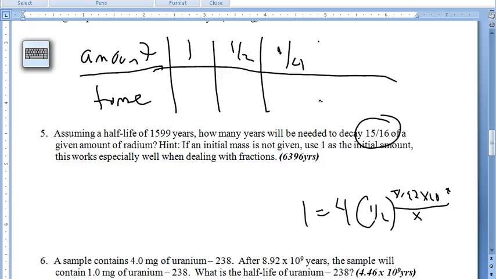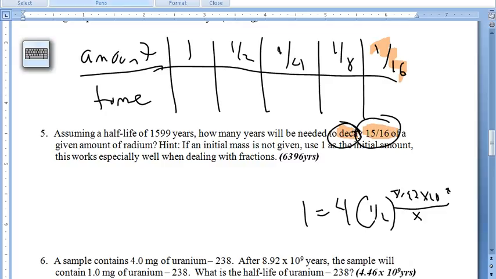Half of a half is a quarter, half of a quarter is an eighth, half of an eighth is a 16th. And so how long will it take for 15/16ths to decay, meaning you have 1/16th remaining.